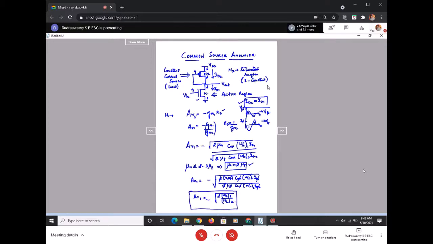Now, designing. Since we have to now choose W by L of NMOS and PMOS, and before that we have to ensure for what particular gain we are designing this common source amplifier.